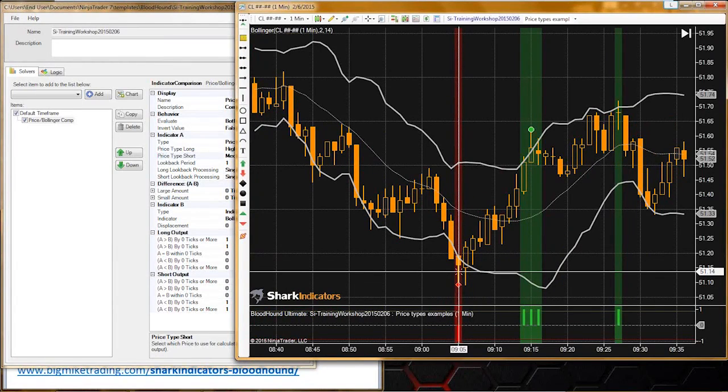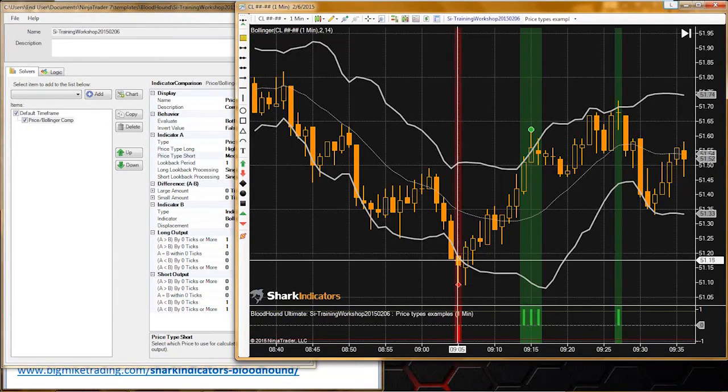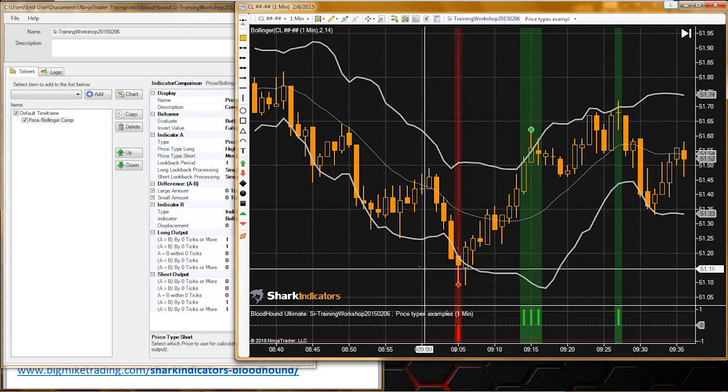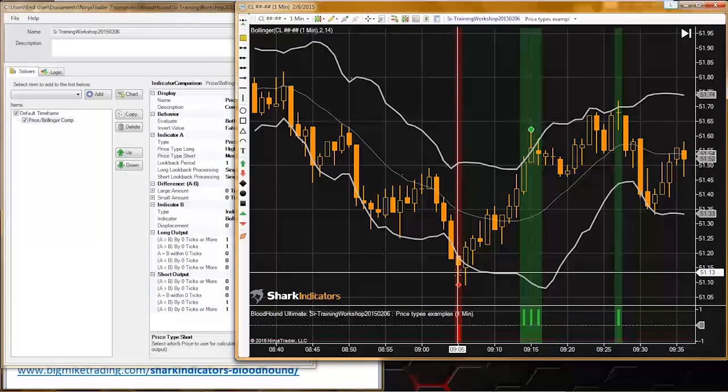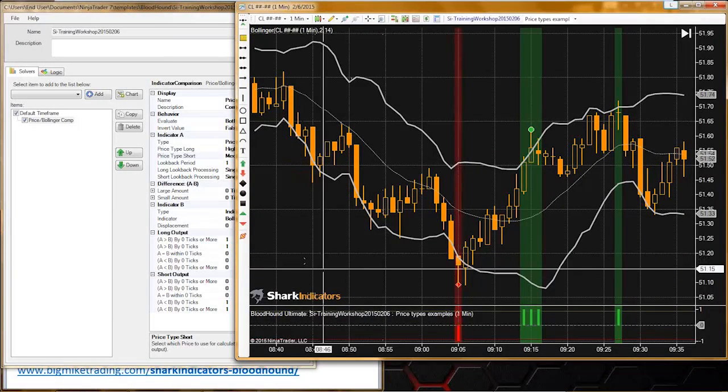So definitely the median, which is essentially the average of all four price points of the bar, is below the band there. That's usually an indication that price is really overextended.